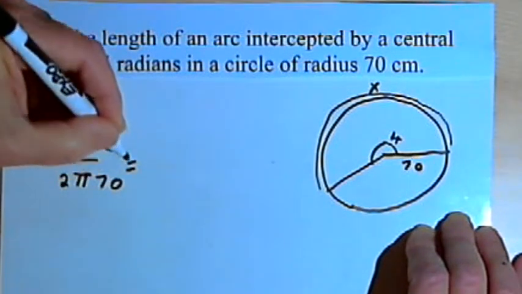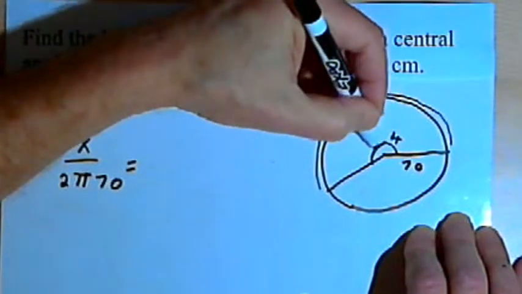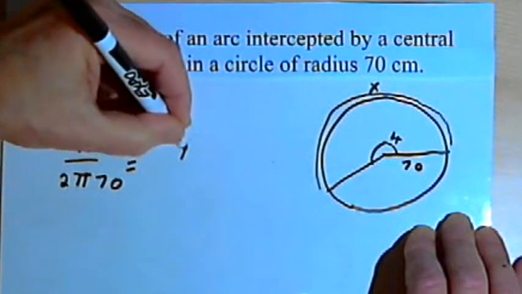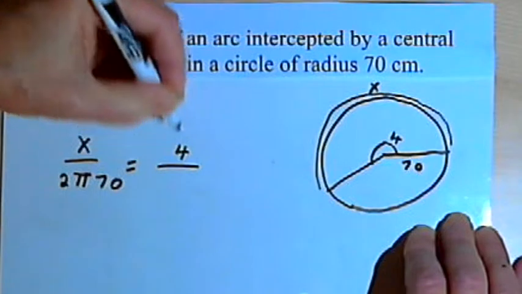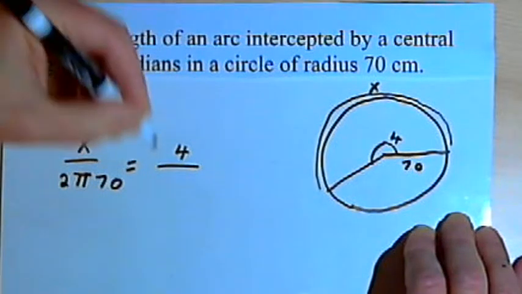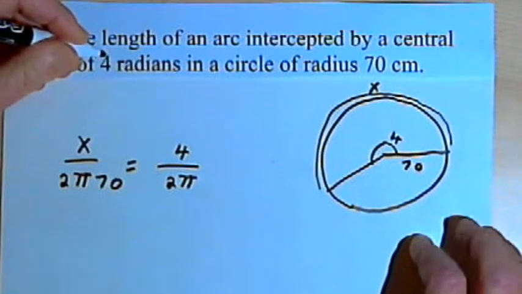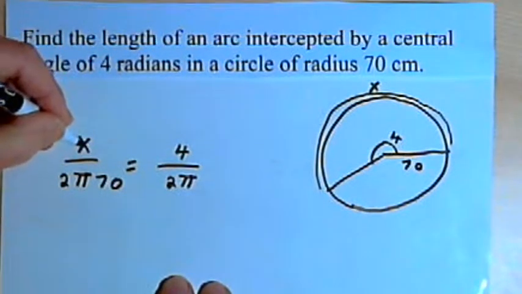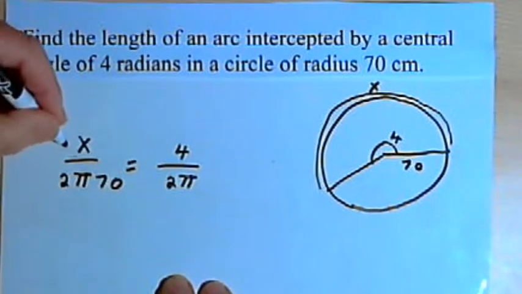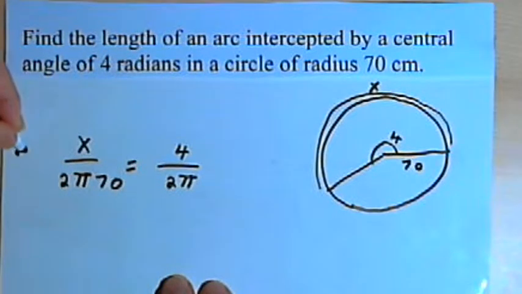And we'll set that equal to the central angle, which is 4, over, instead of 360, I'm dealing with radians, so that's just going to be 2 pi. And now I want to isolate the x on the left side of the equation. So I'll multiply both sides by 2 pi 70.